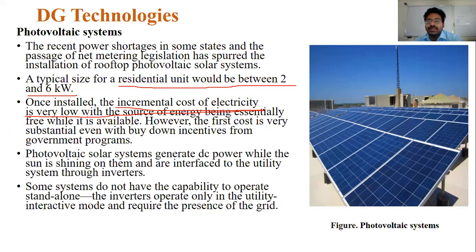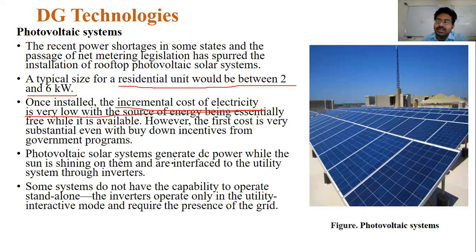That way it drastically reduces the power charges in our houses or commercial buildings. Like in our college, the power bill is drastically reduced. But the primary thing is that the installation cost is somewhat higher. Another thing is you have to take some responsibility to maintain the solar panels.